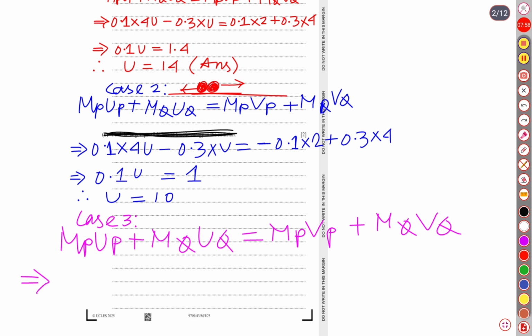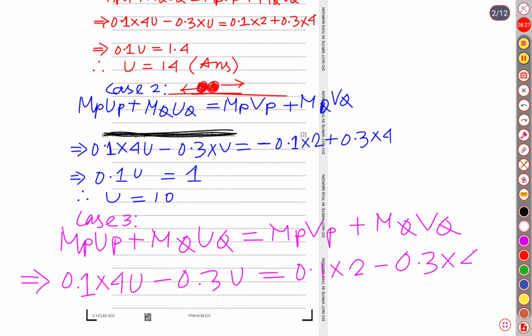We may use a negative symbol in front of P also, but we are not doing that, just for showing this. So the left side is going to remain unchanged, 0.1 into 4u minus 0.3u is equal to, now let Q be negative. P will remain as it is, 0.1 into 2 minus mass of particle Q, which is 0.3, and final velocity was 4.